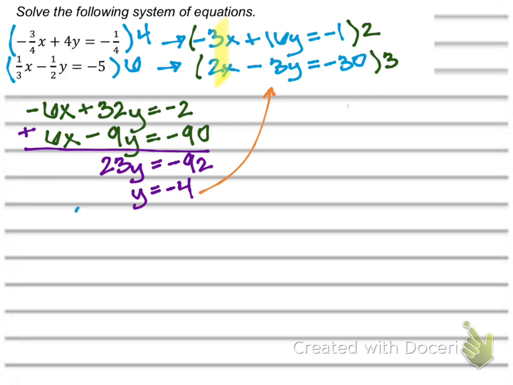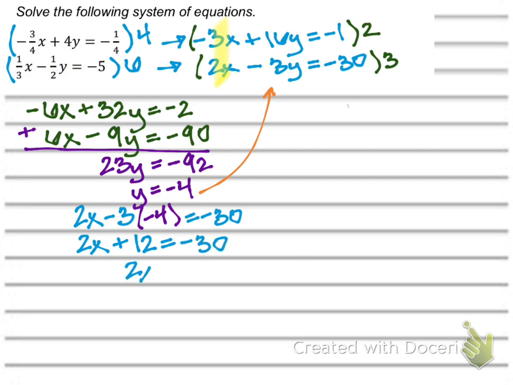So I'm going to have 2x minus 3y, but that y is a negative 4, equals negative 30. So I have 2x plus 12 is negative 30. So 2x is negative 42. And dividing by 2, x is negative 21.